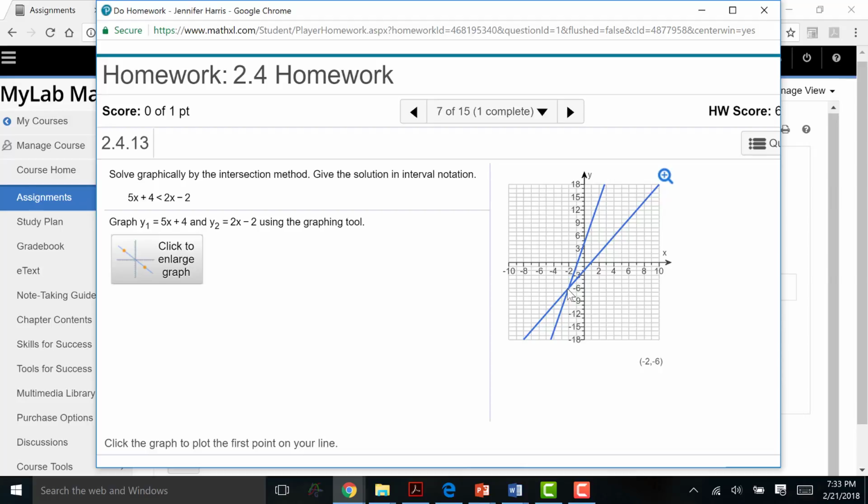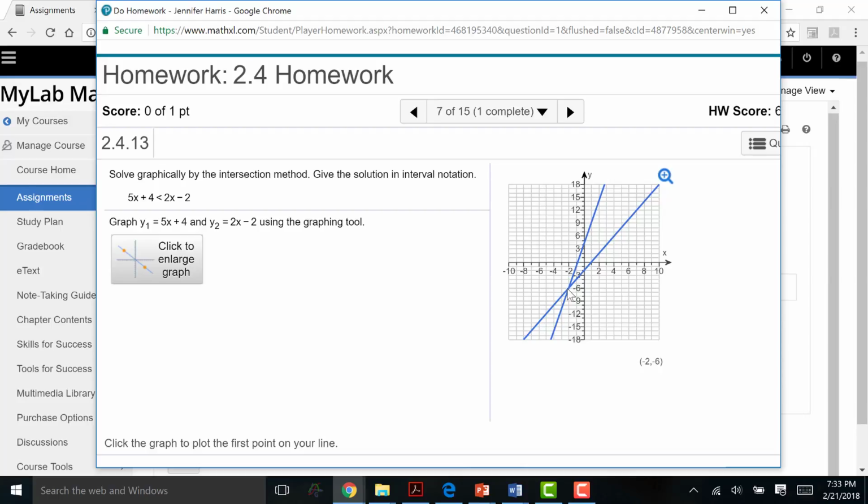Are we getting x by itself on the left? Yeah, so I got 5x plus 4 is less than 2x minus 2. What should I do to both sides? Minus 2x. So those cancel out. I end up with what? 3x plus 4 is less than -2.